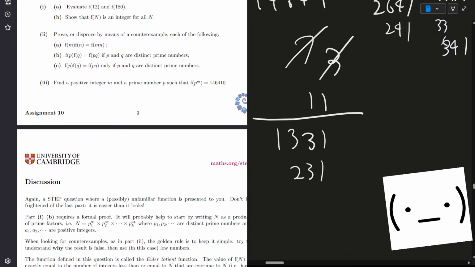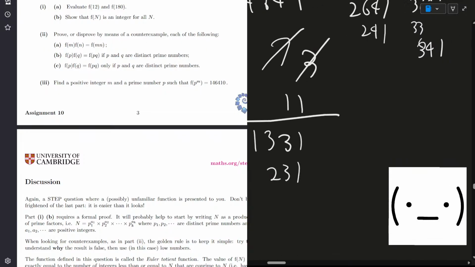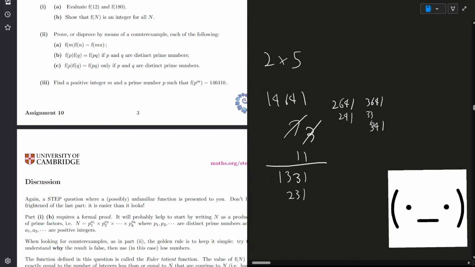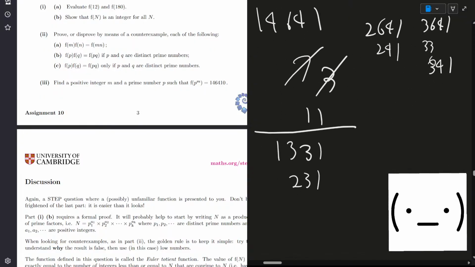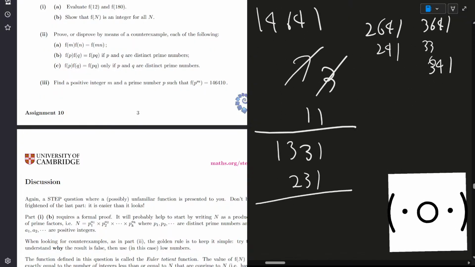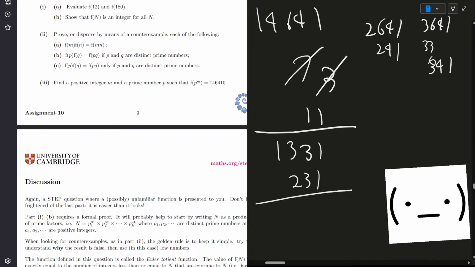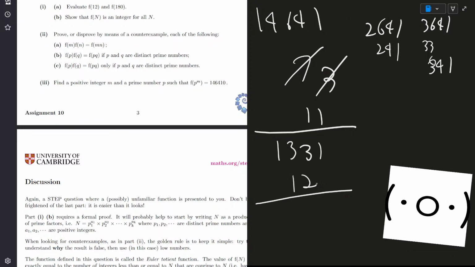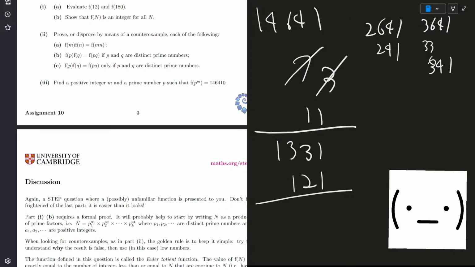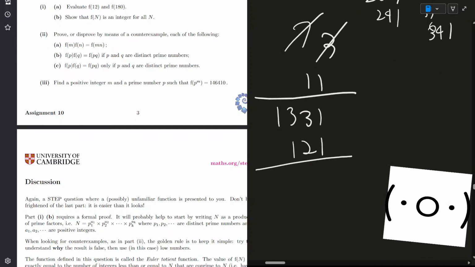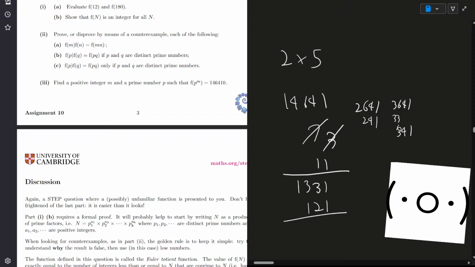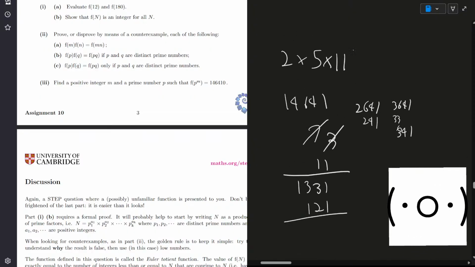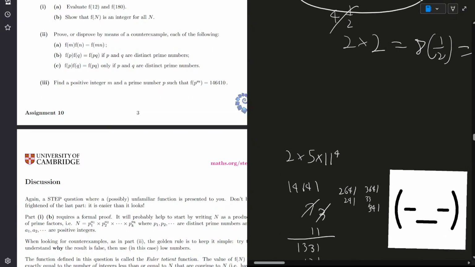Okay, so you divide it by 11 to get this. Am I right? Redundant question, I always am. So that's 11 to the power 4. Great.